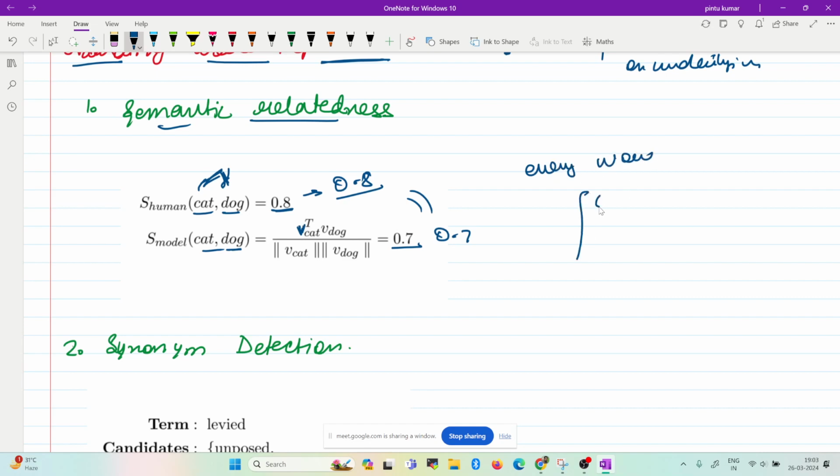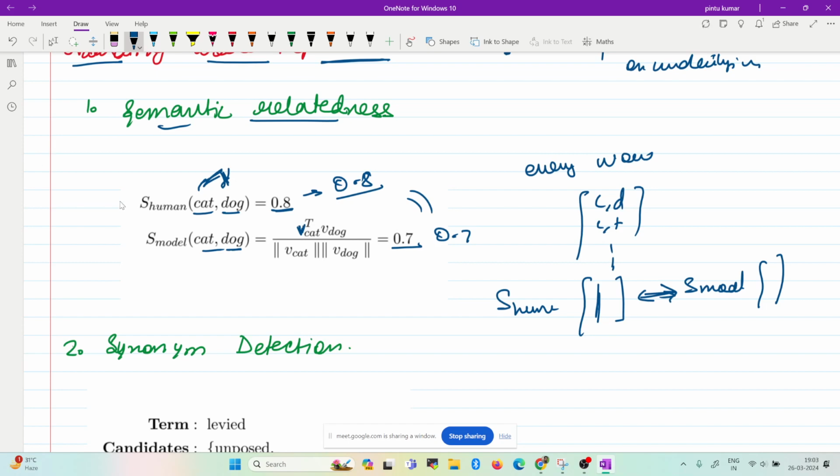Okay, so cat dog, cat truck, and so on. So you will get a long vector S_human carrying all these similarities, and you will have S_model also. Then you can find the correlation between these two vectors to find whether the output of your model and what a human being thinks is the same or not.